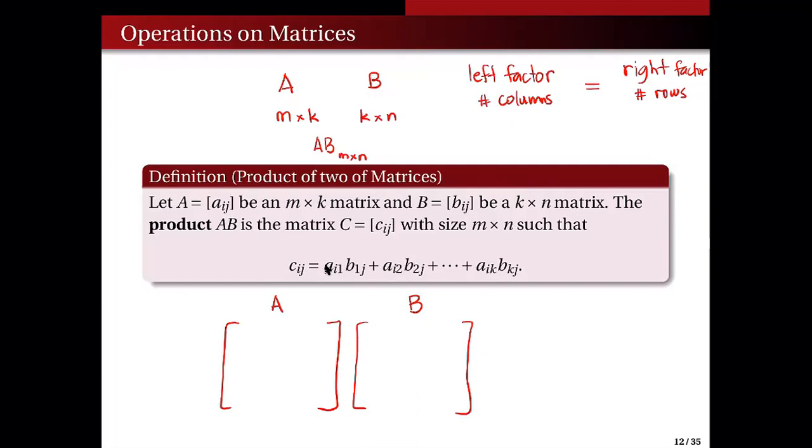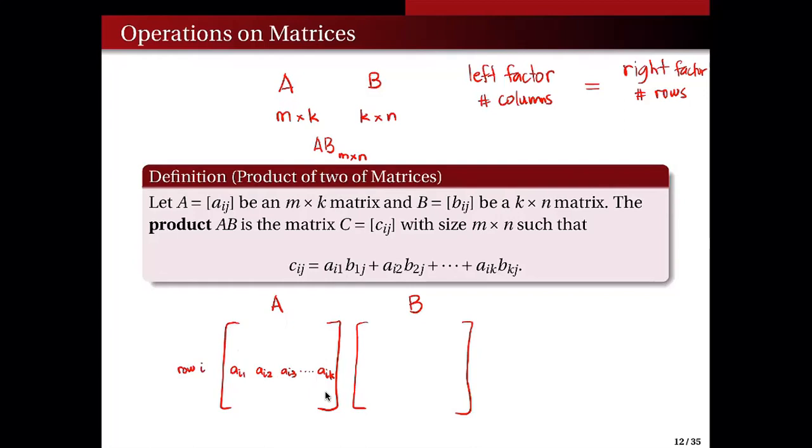So this Ai1 is the entry on the ith row, first column. Say this is your row i. So you have here your Ai1, Ai2, Ai3, etc. until AiK. Take note until AiK because A has K columns. Column 1, column 2, column 3 until column K.